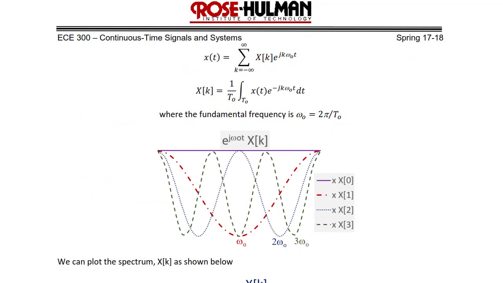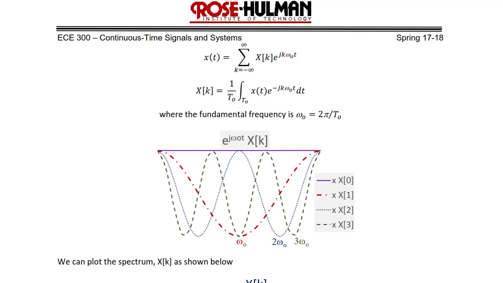So the equation we had is that the Fourier series is x(t) is equal to the summation from k equals negative infinity to infinity X[k] e^(jkω₀t), and the Fourier series coefficient formula is 1 over T₀, the integral over 1 period T₀, x(t) e^(−jkω₀t) dt, where the fundamental frequency ω₀ is 2π over T₀.